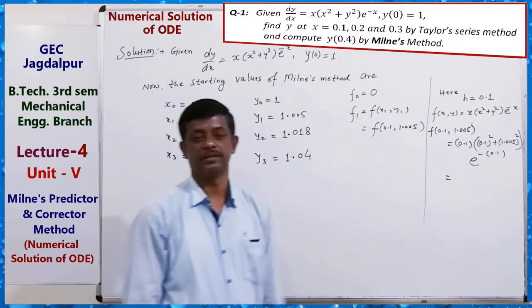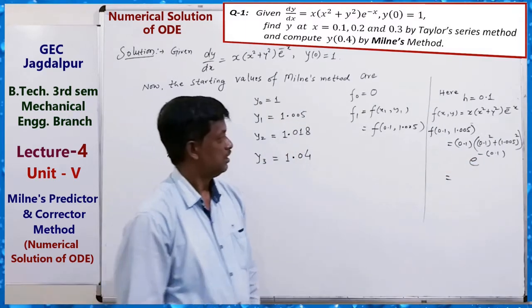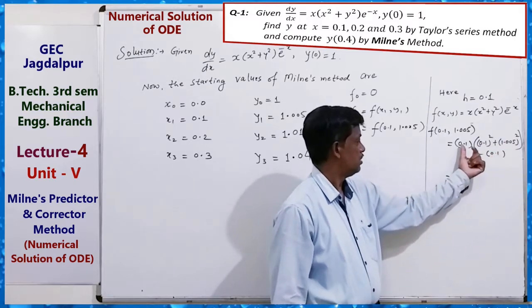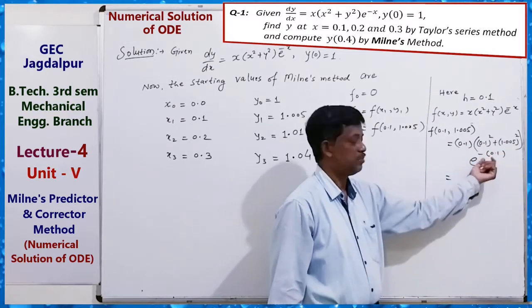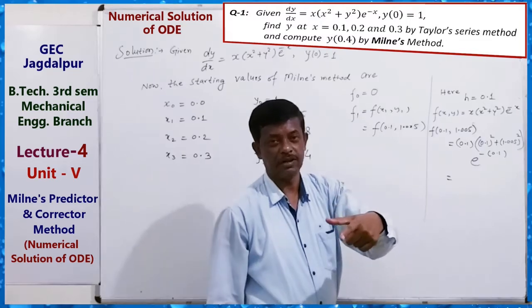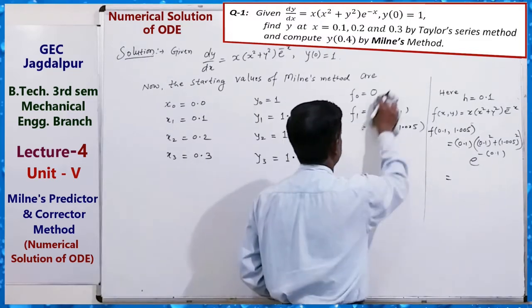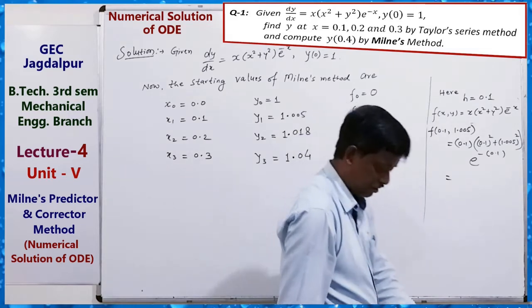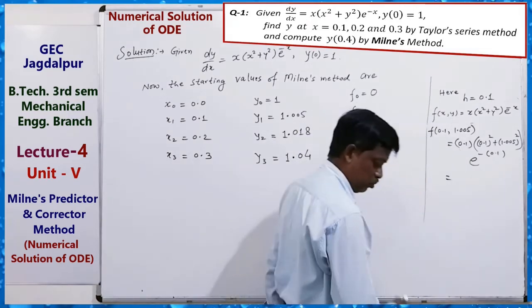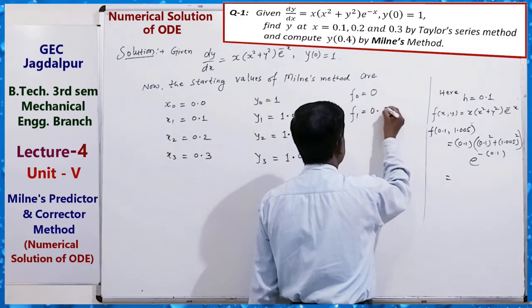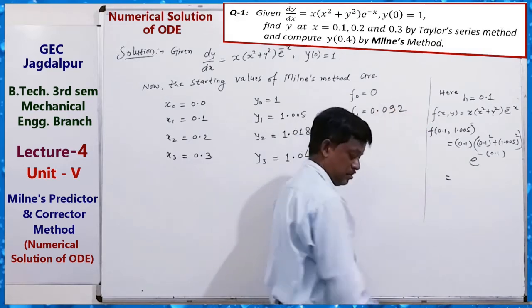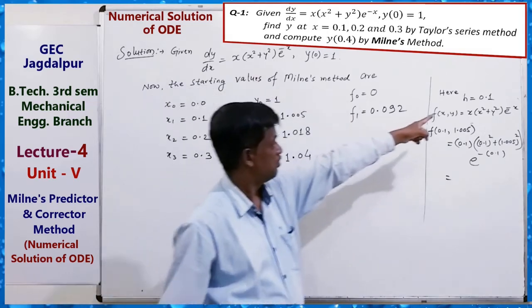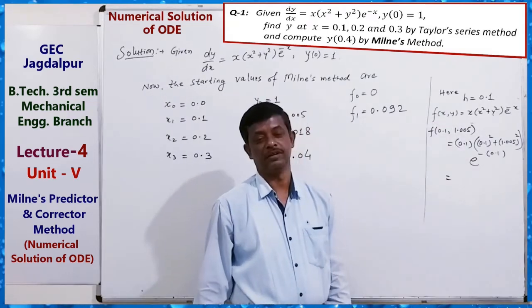Just calculate it using a calculator. This square plus this square, and e to the power minus of this. So that will be the value of f1, which is 0.092. You can get it from this formula one by one.